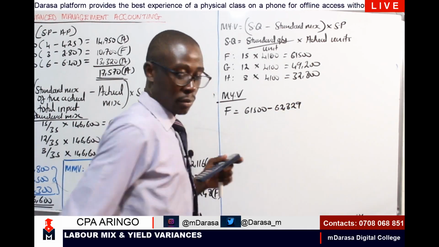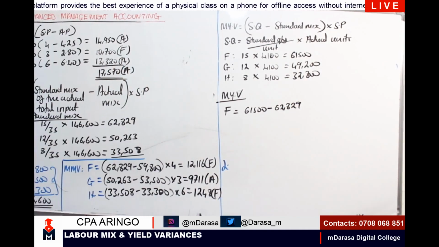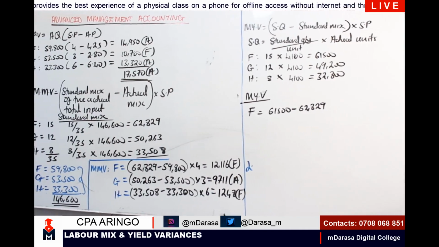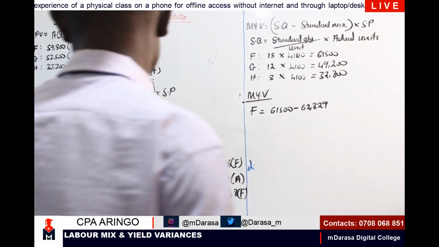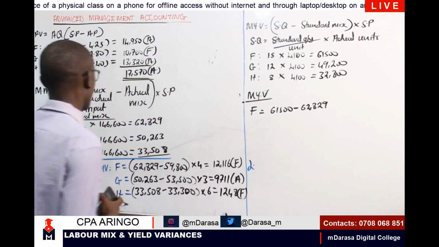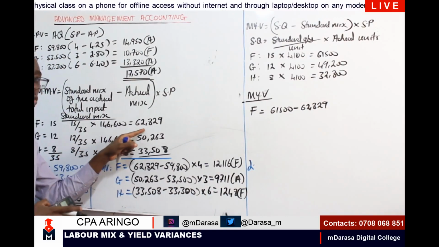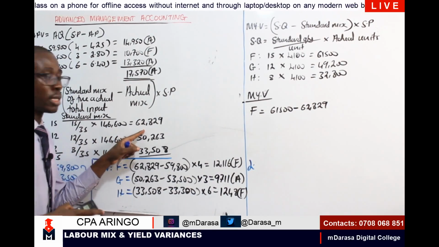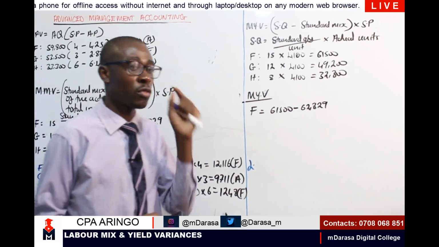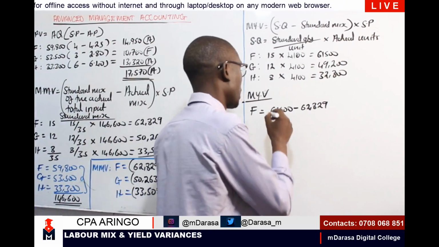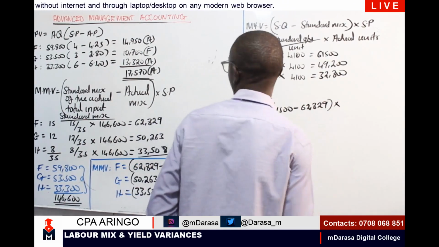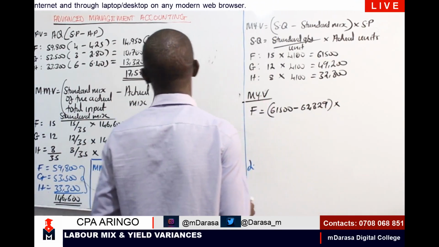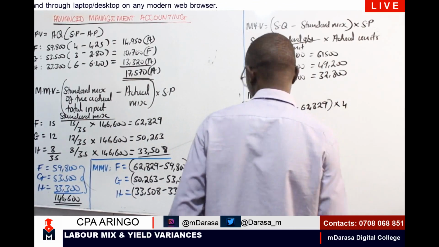Let me do this so that you should be able to see where that is coming from. You had already computed here our standard mix of the actual total input. That's what Mwalimu is taking, so don't wonder where this figure is coming from. So 62,829, of course, times our standard rate, which in this case is 4 for F.